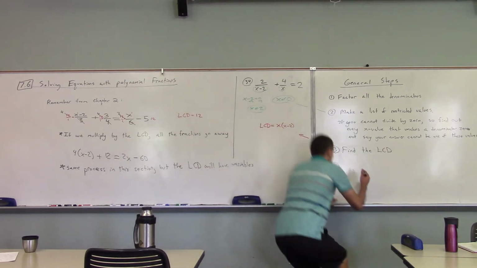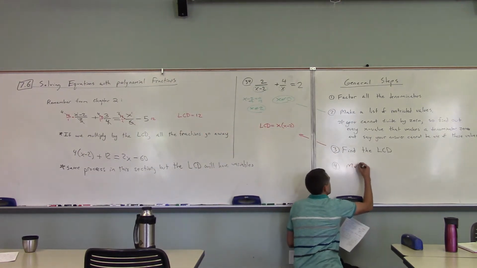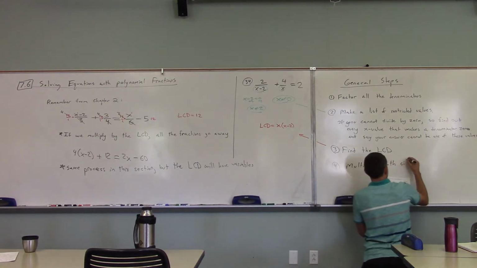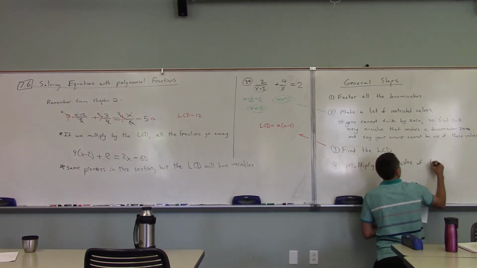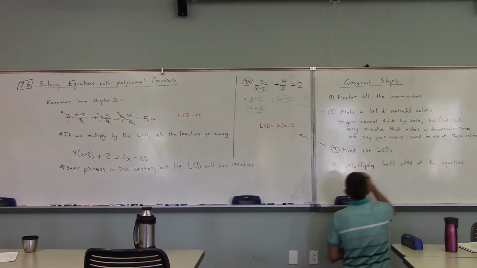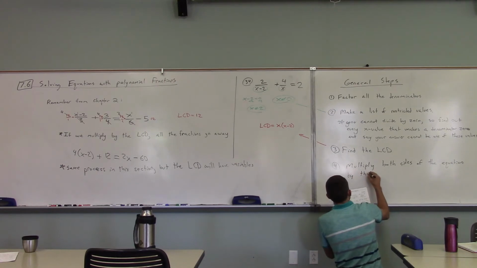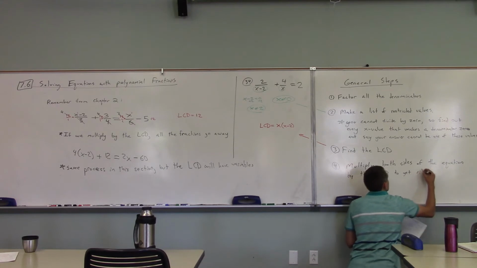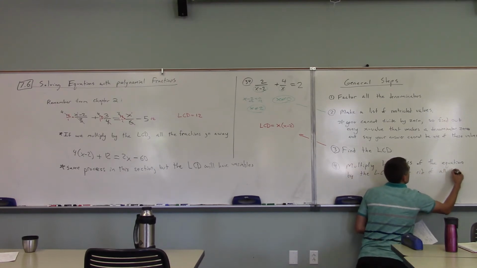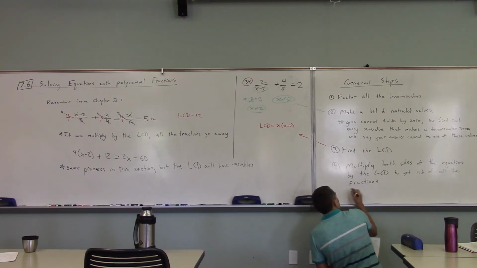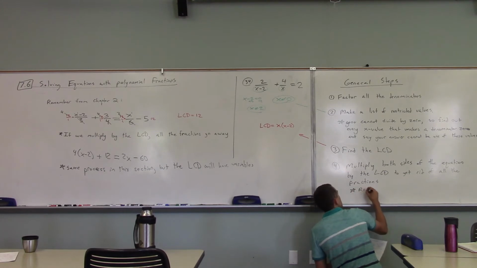So then multiply both sides of the equation by the LCD to get rid of all the fractions. And I'm just going to write, remember to distribute.